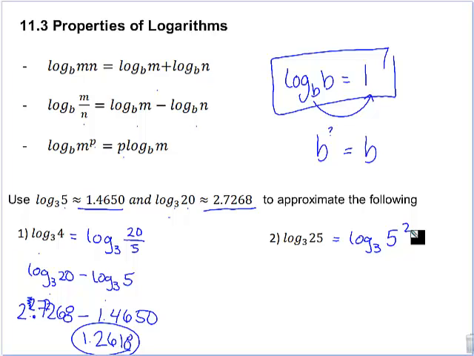Now our property of exponents says that our power ends up being multiplied out in front. So this is really the same thing as 2 times the log base 3 of 5. Our log base 3 of 5 is right here, so this is really 2 times our 1.4650.